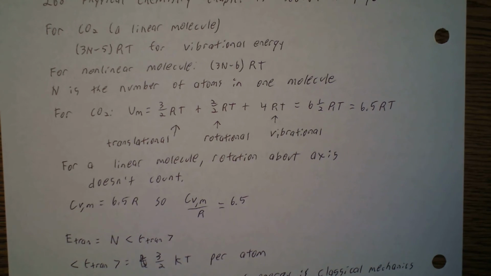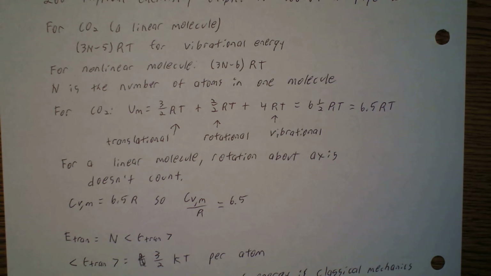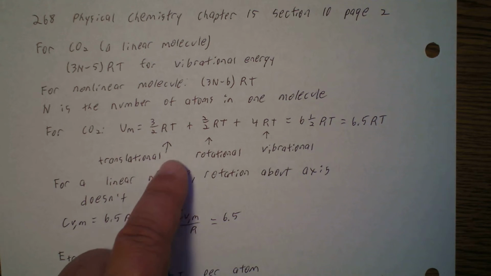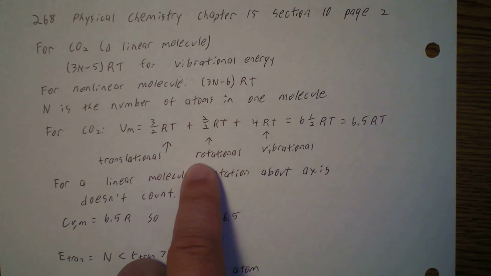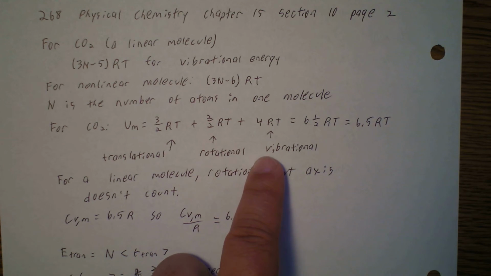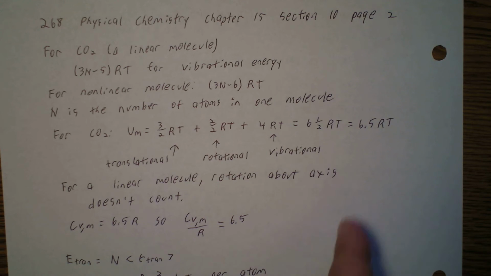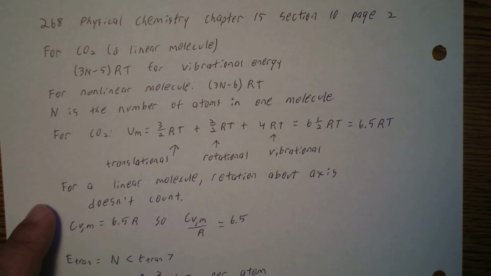So for carbon dioxide, the molar energy is going to be 3/2 RT from the translational energy we already talked about, and then RT for the rotational energies, and then 4 RT for the vibrational energies. So that gives us 6.5 RT. And notice there's no reason for that to change with temperature.